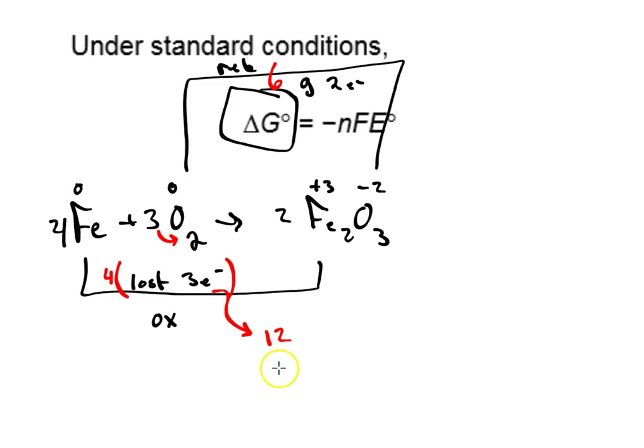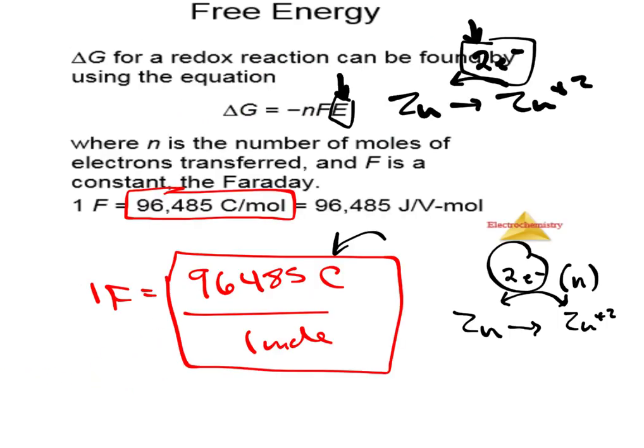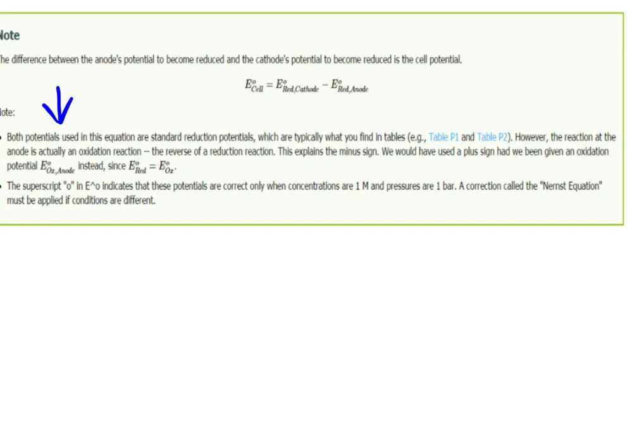That N value is 12. So you have to use the coefficients when you find this N value. Then go back here and find our numbers we're going to need.